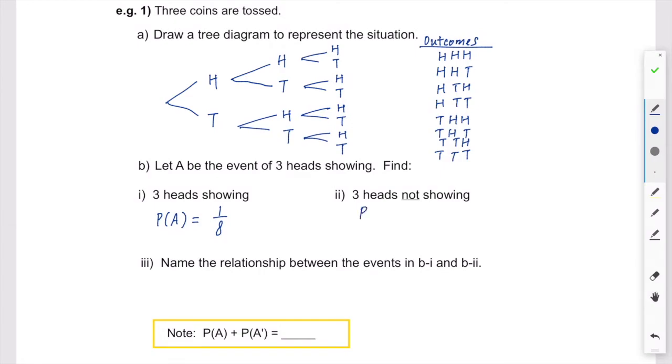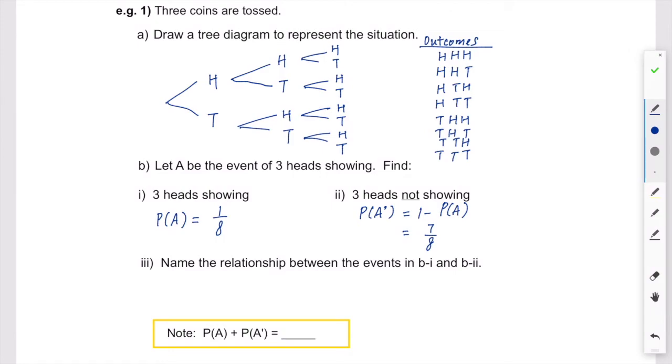Well, this can be deemed as the complement of event A. I can either count out of the 8 trials how many of them do not have 3 heads, or knowing that these are complements, I can also subtract P of A from the maximum probability, which is 1, of the universe, and get 7 out of 8.